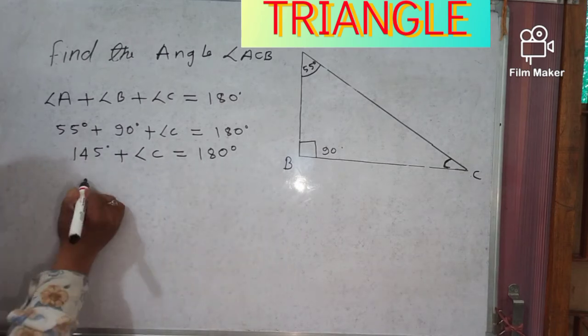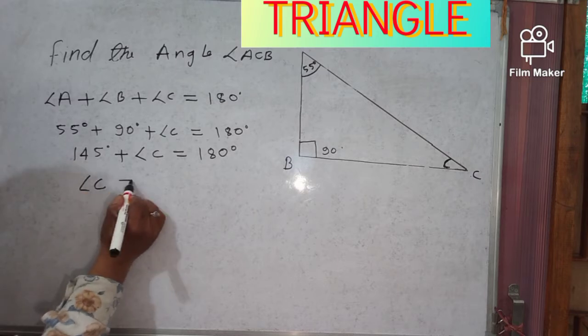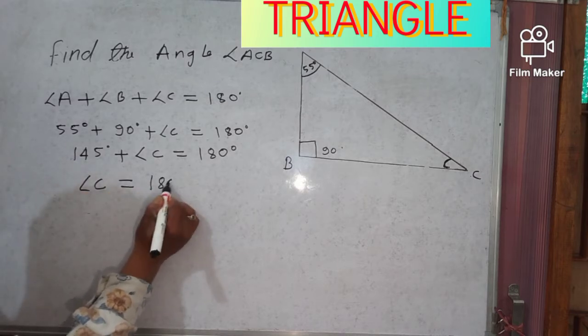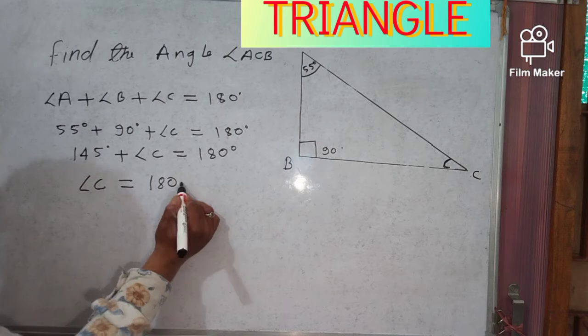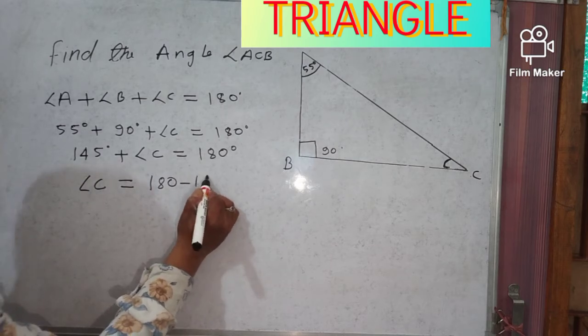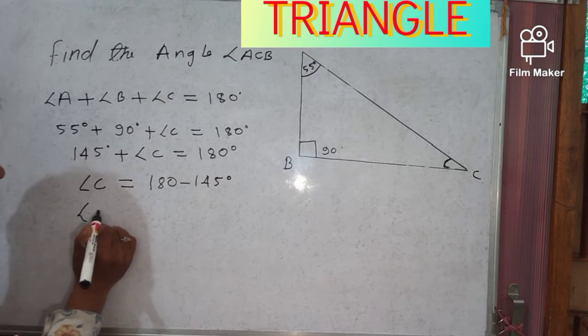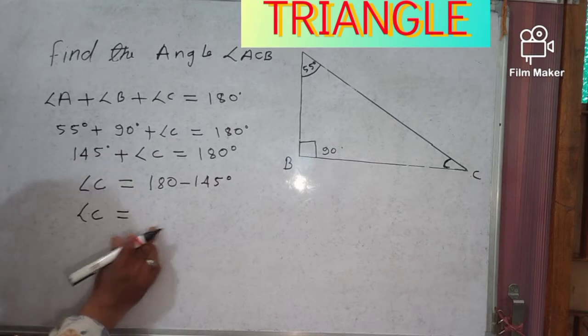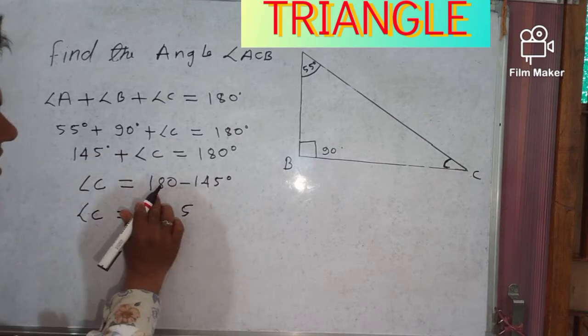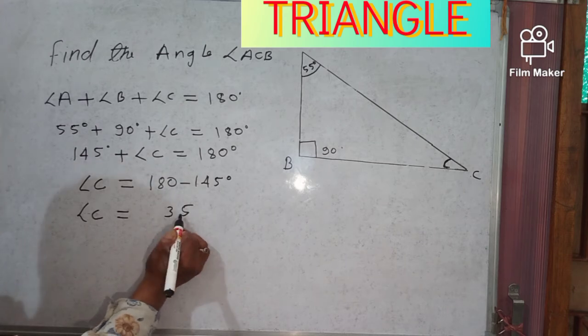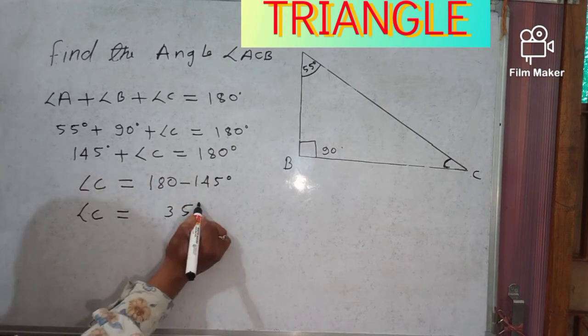So angle C is equal to 180 degrees. This is a plus, so it will be minus 145 degrees. Now angle C is, so 5 from 10 is 5, 7 from 8 is 3, and the zeros cancel.